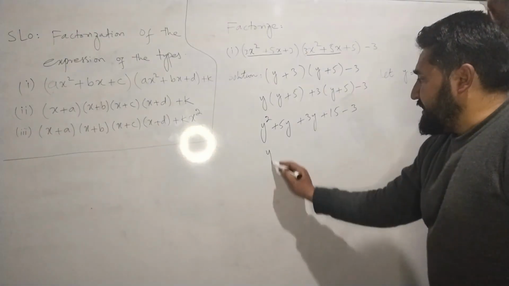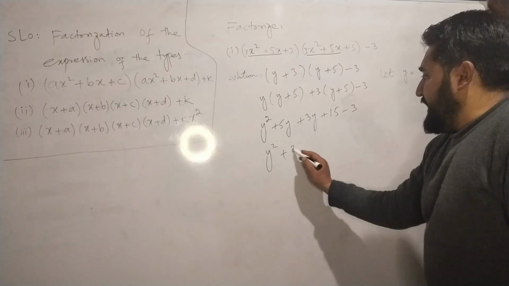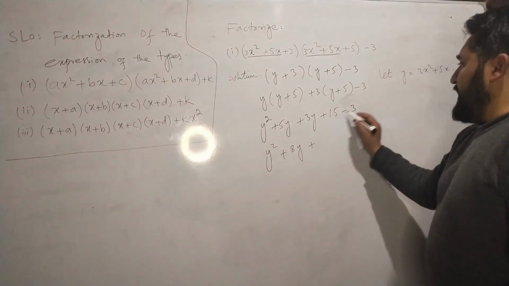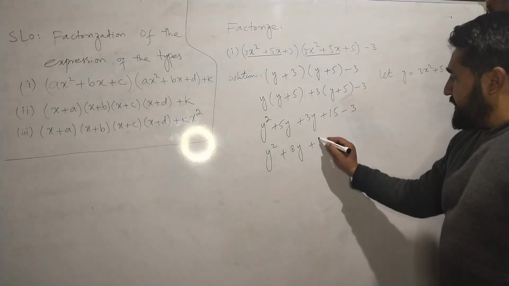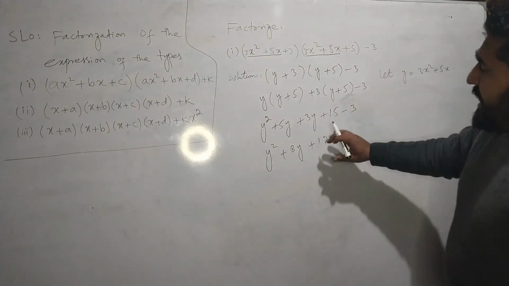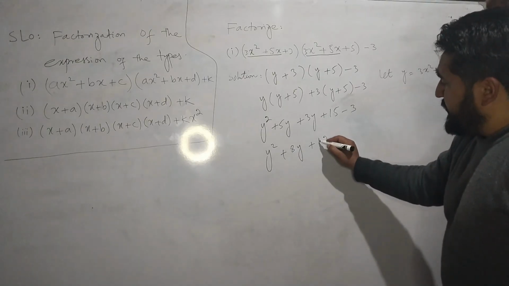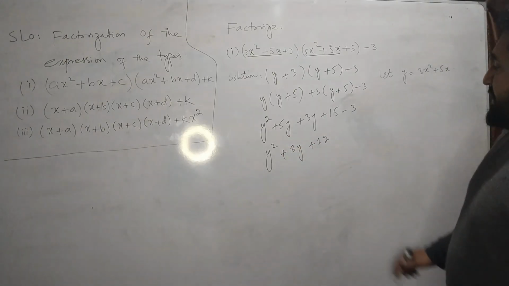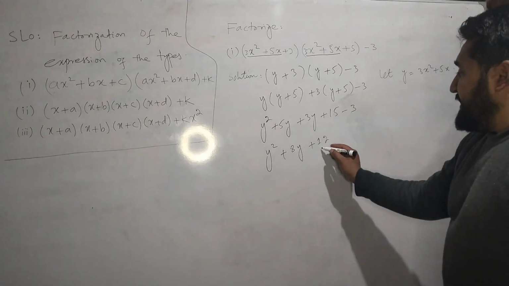Now just simplify it. Y square plus 8y, because these both are like terms, plus 15 minus 3, that is 12. Okay, after this we use the middle term break. There are three terms, clear? So we use the middle term break.